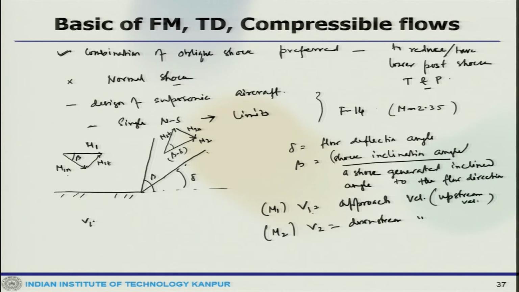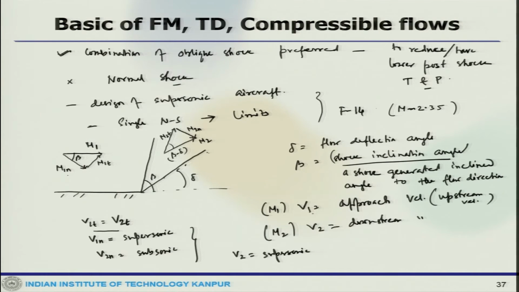So, that means V1t would be V2t, which means V1n is supersonic and V2n is subsonic, but even then V2 is supersonic at the downstream. So, we can write this tangential component to be equal, and using this Mach number relationship.